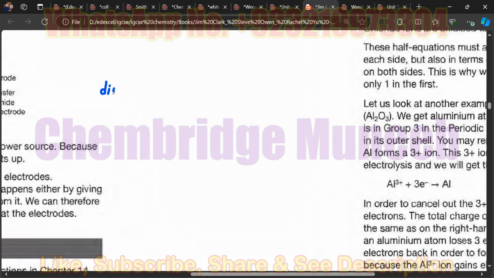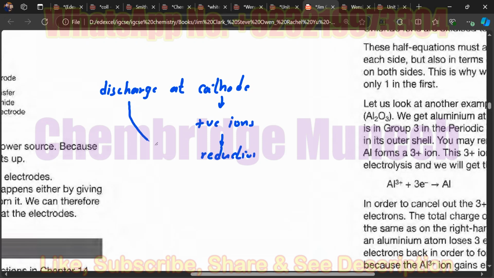If we say discharge at cathode, then you know that at cathode we have the positive ions and they go through the reduction. So discharge would mean reduction of the positive ions.